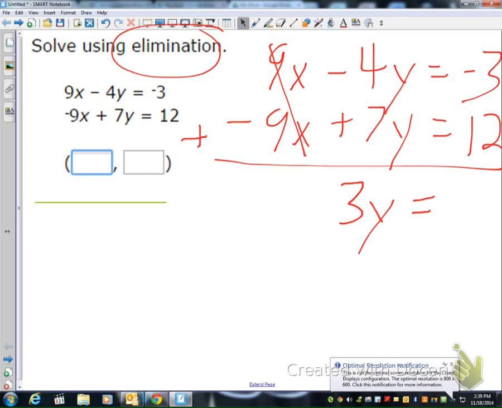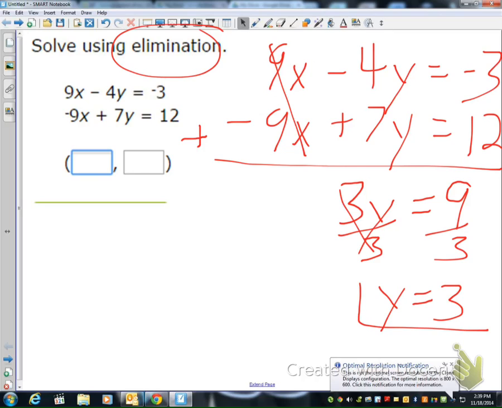And negative 3 plus 12 is positive 9. And now I have a one-step variable equation. 3y equals 9. So all I need to do is divide by 3, and I get y equals 3.